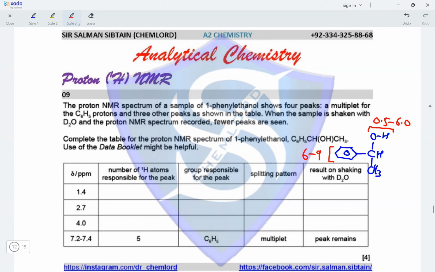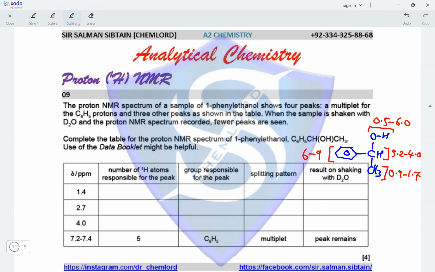The range for the CH that would be relevant would be the one next to oxygen, which would be 3.2 to 4.0, and the peak for the CH3 group next to an alkyl group would be 0.9 to 1.7. So now let's see which peak corresponds to which range.